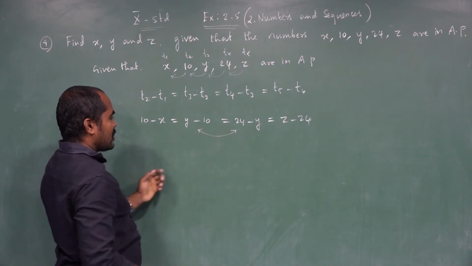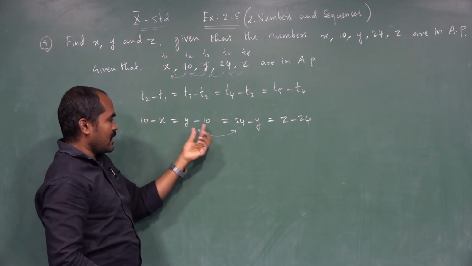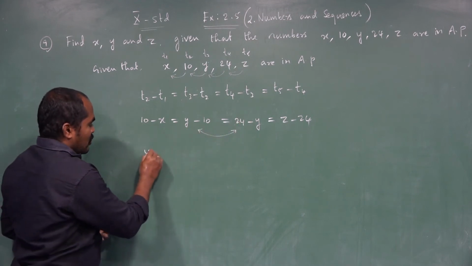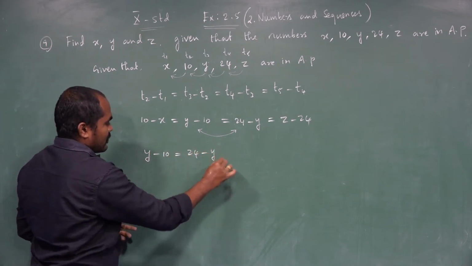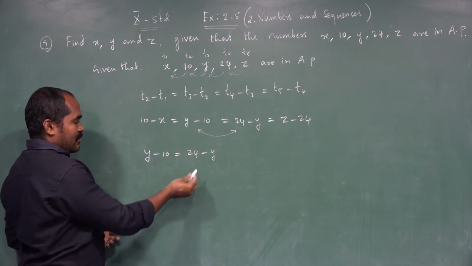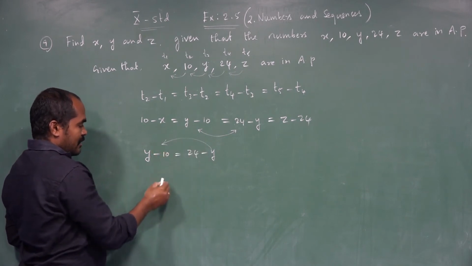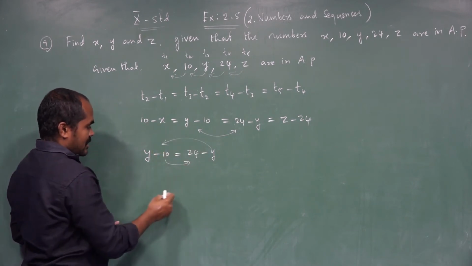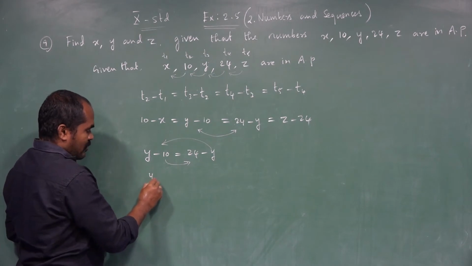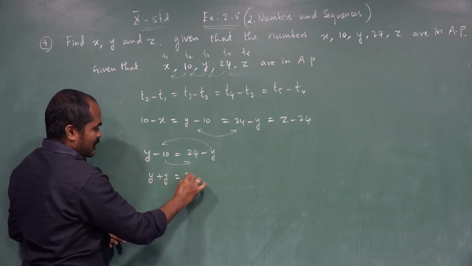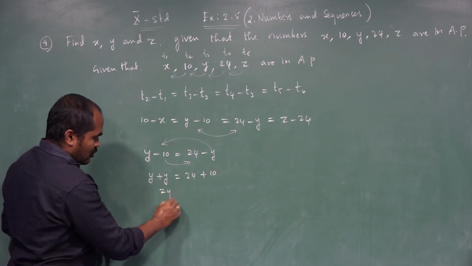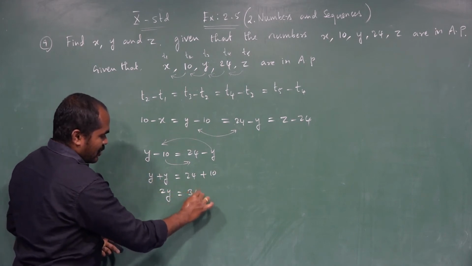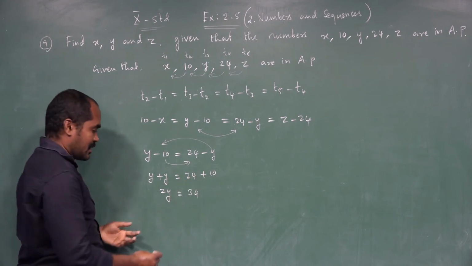Because second and third contain only one variable, y and y, right? So y minus 10 equal to 24 minus y. So we need the y value. So y on the left side, this minus 10 on the right side. That is y plus y equal to 24 plus 10. y plus y is 2y equal to 34. 24 plus 10 is 34.